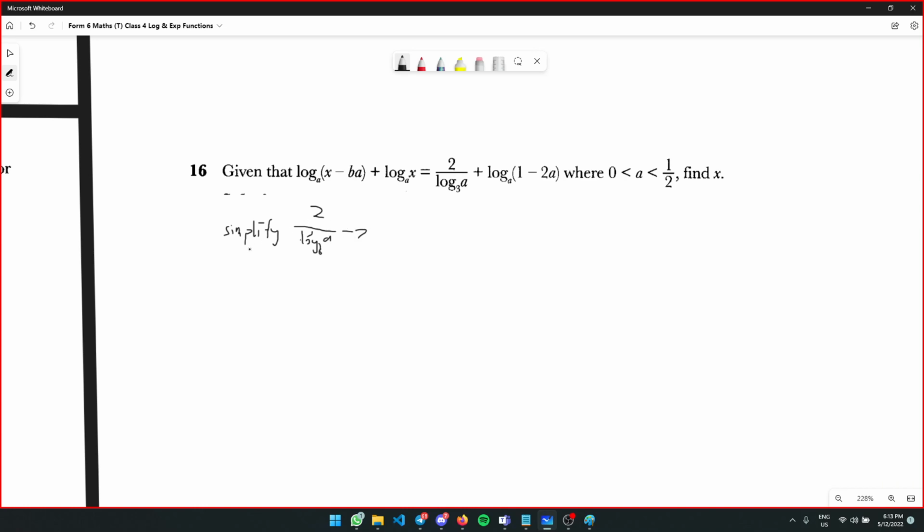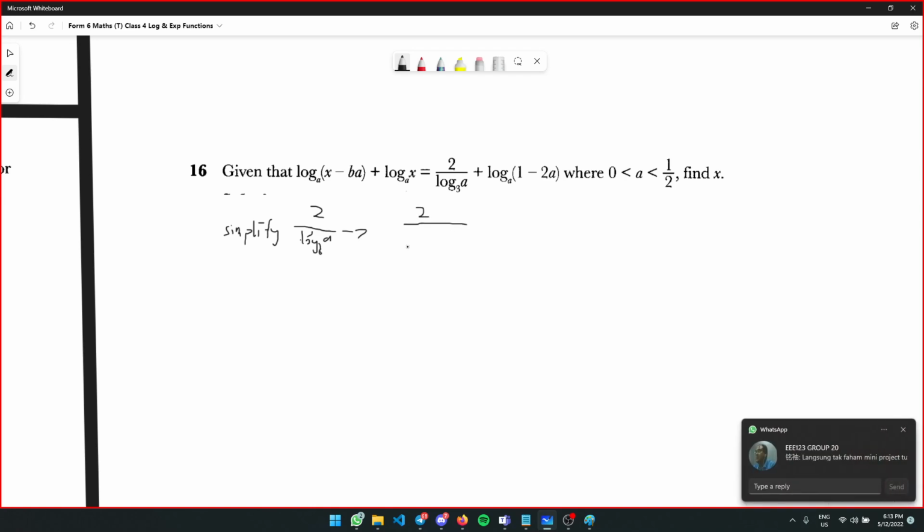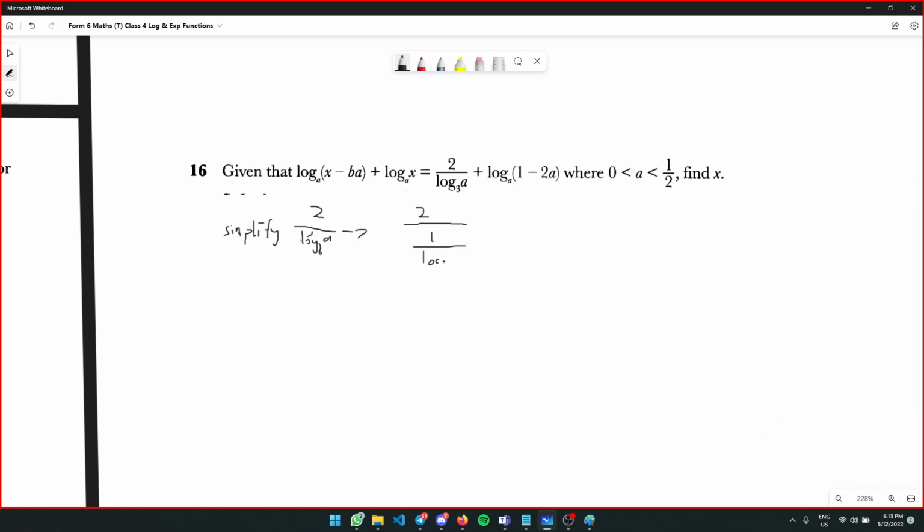So how can we write this down? We can say 2 over log 3 a is the same as 2 over 1 over log a 3. That is the inverse property, which equals 2 log a 3.